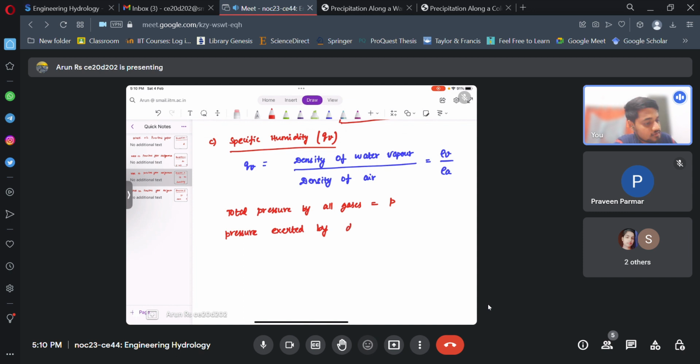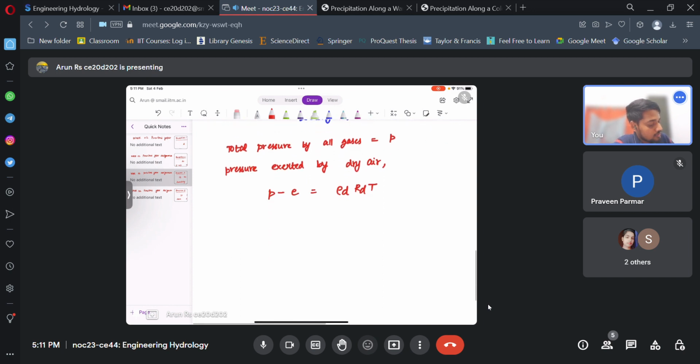Pressure exerted by dry air, so I am removing the vapor pressure of the moisture from this expression, which gives me the remaining quantity. So here rho a is the density of air. It can be written as the density of the dry air plus the density of vapor.